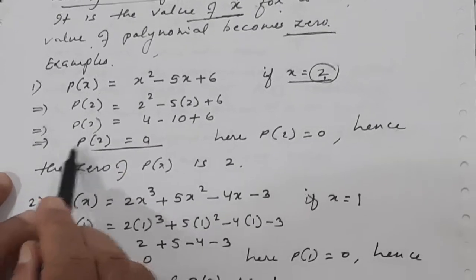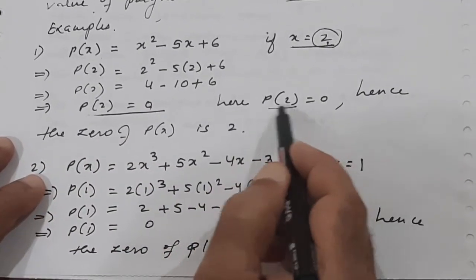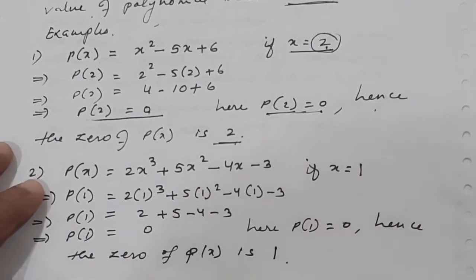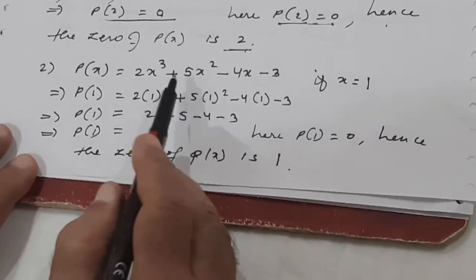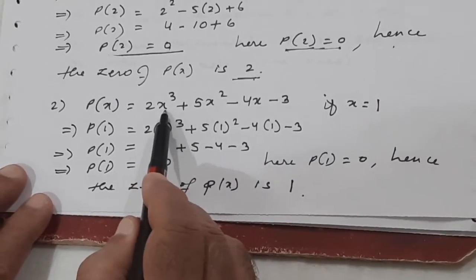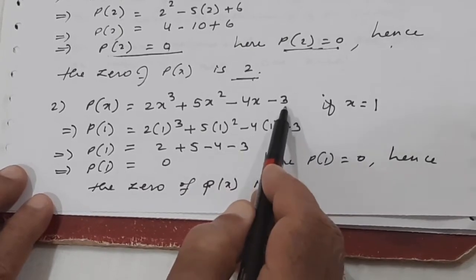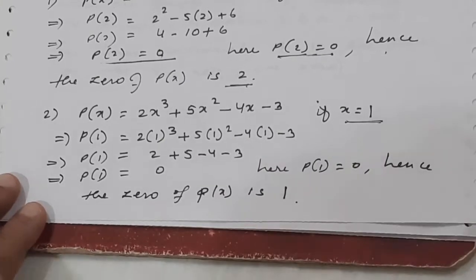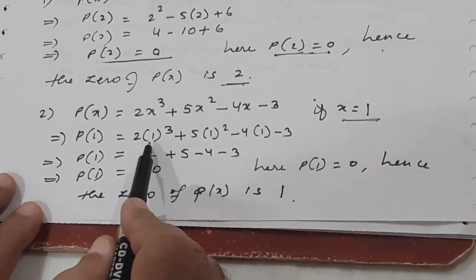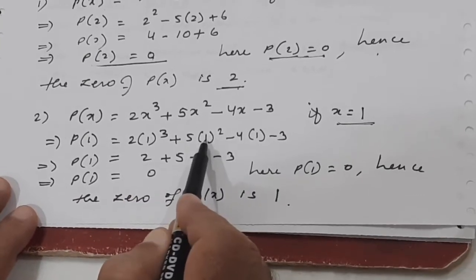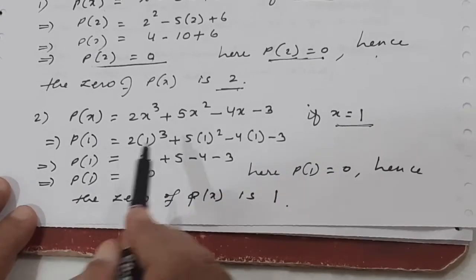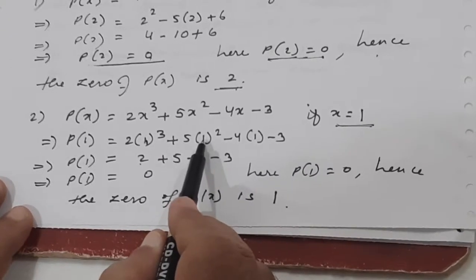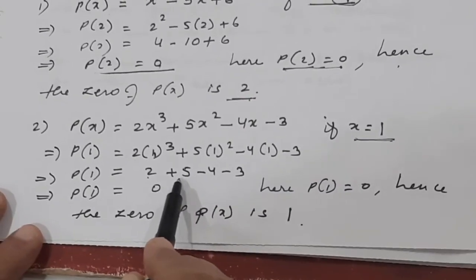So as p of 2 is equal to 0, hence the 0 of the polynomial is 2. Let us take one more example. p of x is equal to 2x cube plus 5x square minus 4x minus 3. This is a cubic polynomial, and I have taken x is equal to 1. Replace x by 1. 1 cube is 1, 1 multiplied by 2, 2. 1 square is 1, 1 multiplied by 5 is 5.